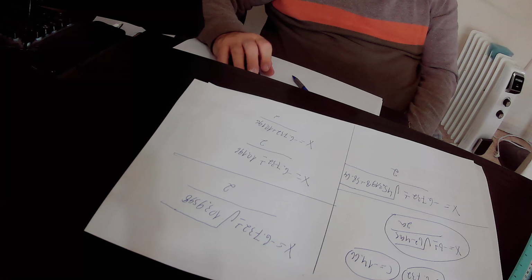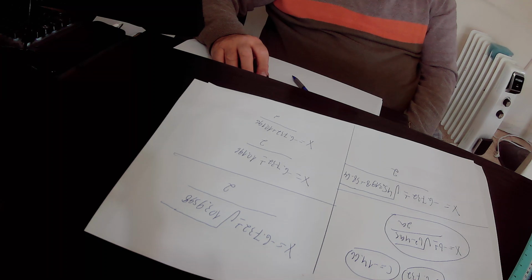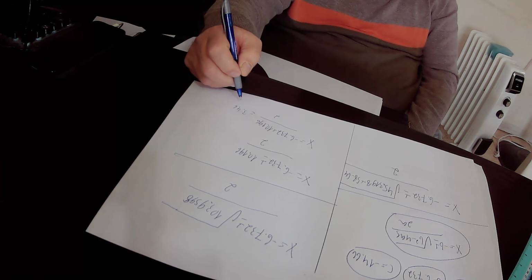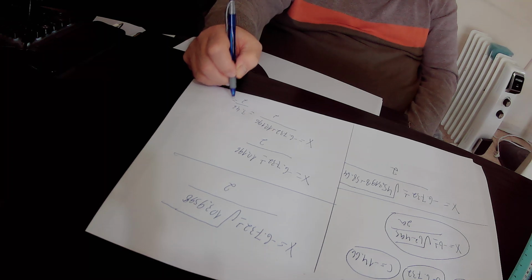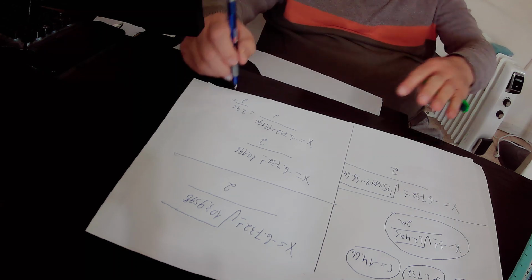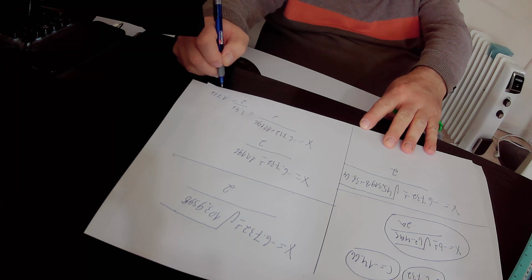So 10.196 minus 6.732 is equal to 3.46, and 3.46 over 2 is equal to 1.732.